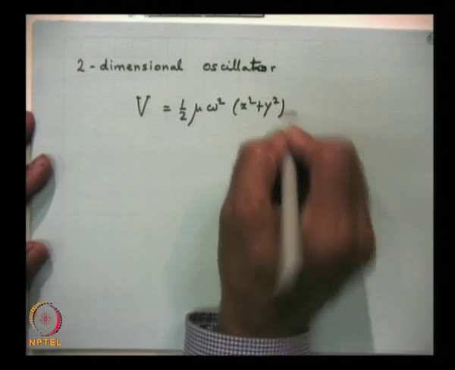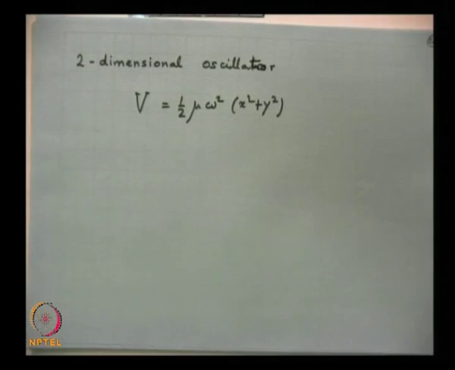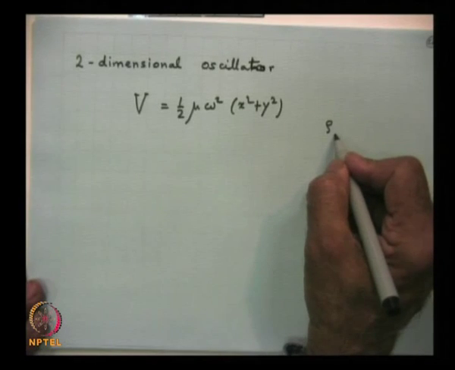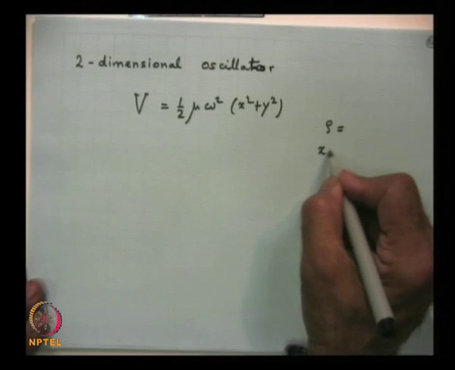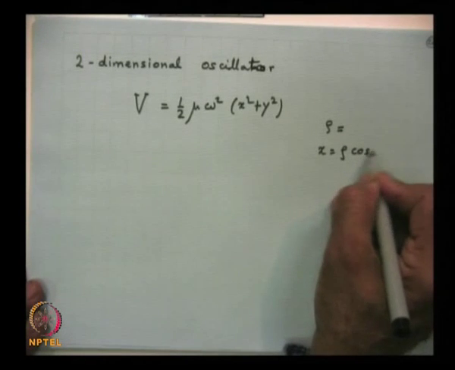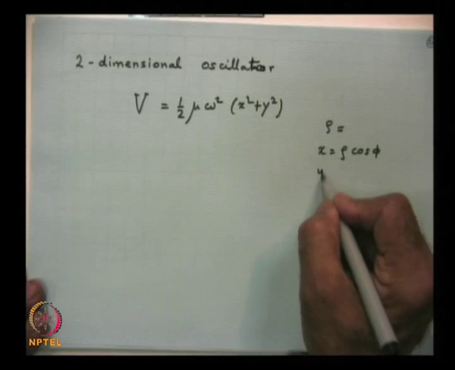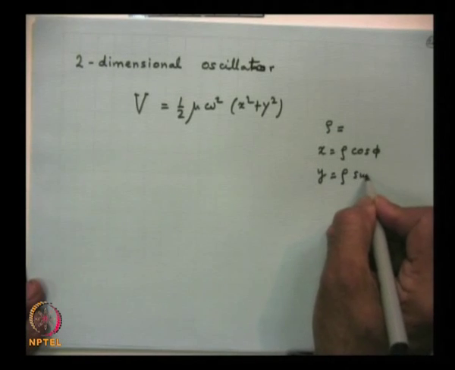So, we have to solve the two-dimensional Schrodinger equation in terms of x and y or in terms of rho and phi, where rho and phi are circular coordinates: x is equal to rho cos phi and y is equal to rho sin phi.